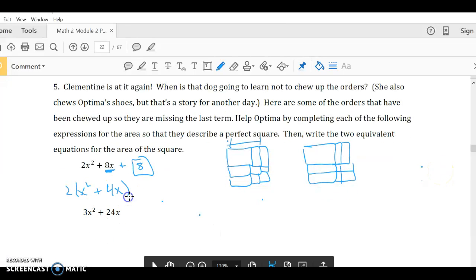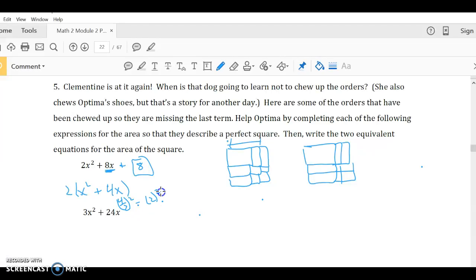Plus 4x, right? So this is the dimensions of that. If we complete the square on this, we would take half of 4 and square, which gives me 2 squared, which is 4. So what did we really have to add inside here? We really added 4 inside.